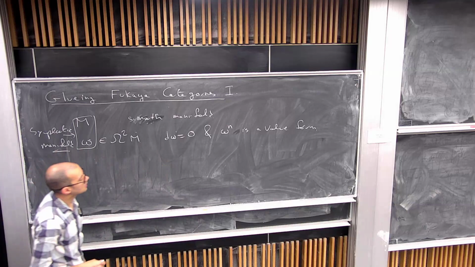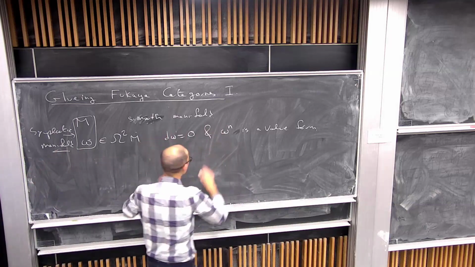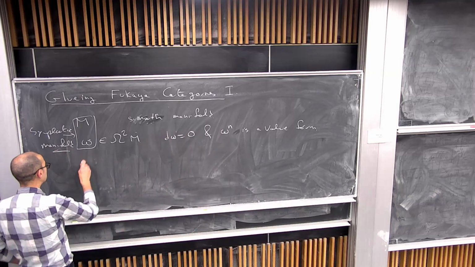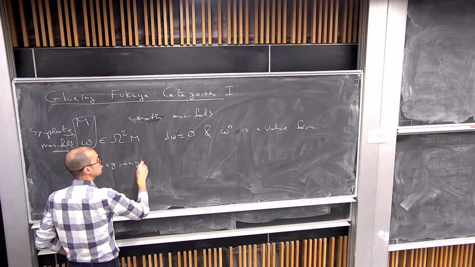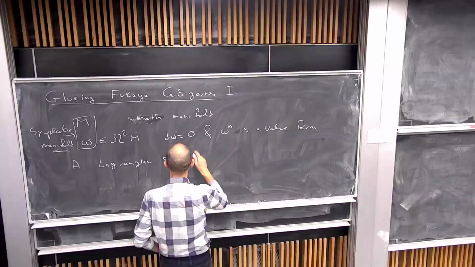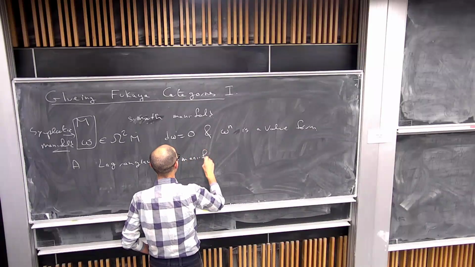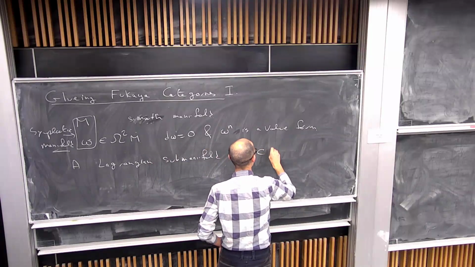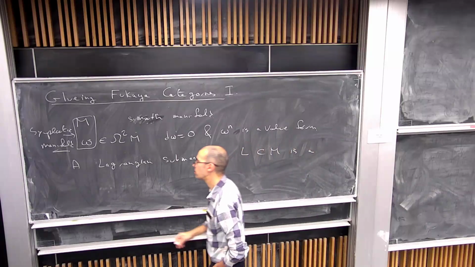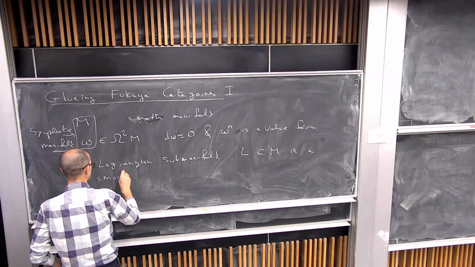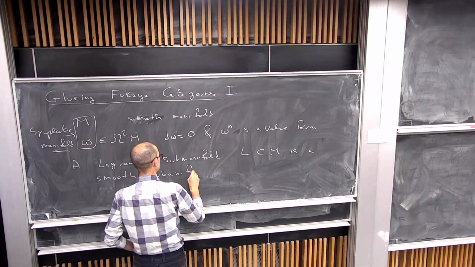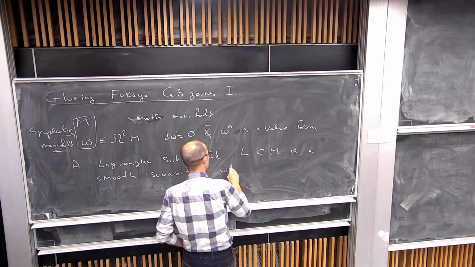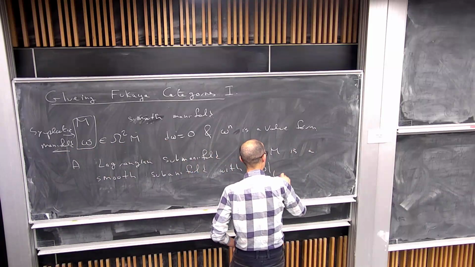And if I don't tell you what the symplectic form is, then you should tell me what the symplectic form is. Okay, and there's only one other notion of this type that I want to define, which is what it means to be a Lagrangian submanifold. So a submanifold L inside of M is a submanifold of half dimension with omega restricted to L identically 0.